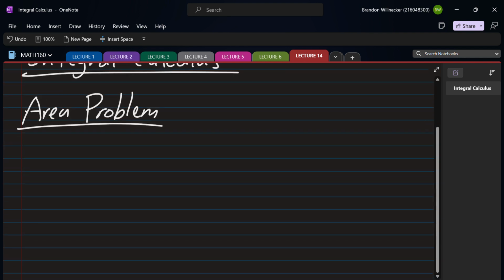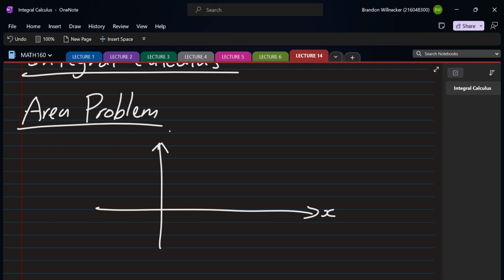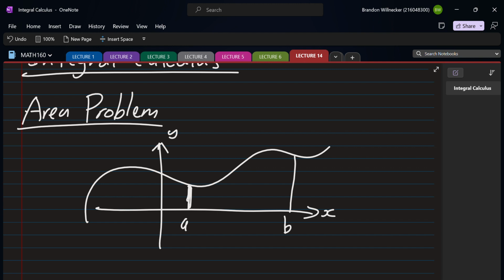Okay, so let's say we've got a curve given by some function f of x. We have x and y, our normal axes. We've got some function, it doesn't matter what it's doing for now. What we want to do is find the area underneath this curve from some a to some b, so over this interval from a to b.